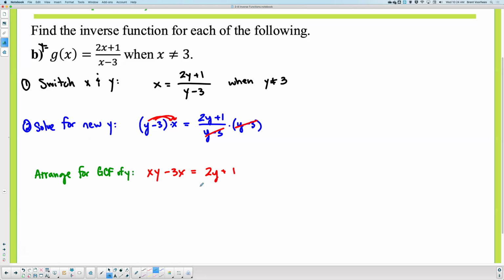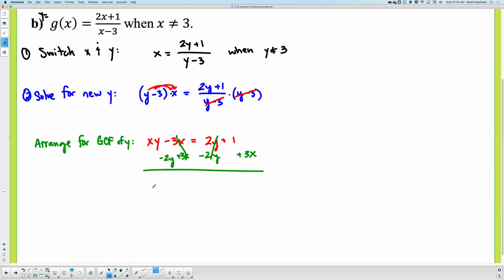And so to do that, I need to move these two y's to the left with this xy. And I need to add 3x, since it does not have a y, to the left side of the equation. So those will simplify out. And I'll be left with xy minus 2y equals, I added the 3x, so I have a 3x and a 1. Let's do the 3x first. 3x plus 1.